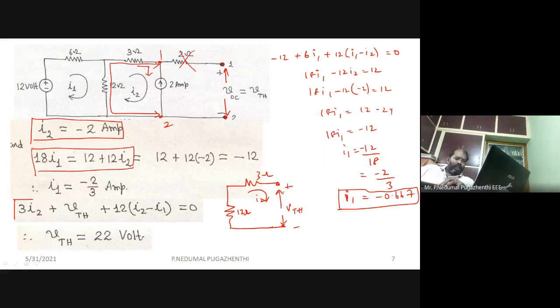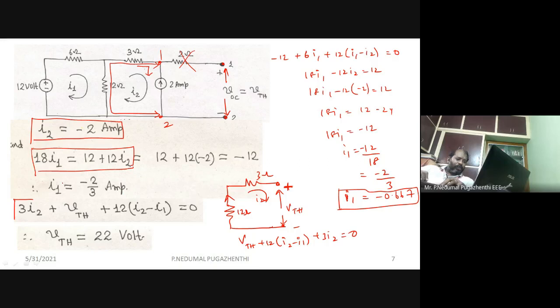What is that equation? The current is coming to this Thevenin's voltage through positive, so VThevenin plus 12 into, since this particular 12 ohm resistor is between the first loop and second loop, it is going to be I2 minus I1, plus 3 into I2, which is equal to 0.